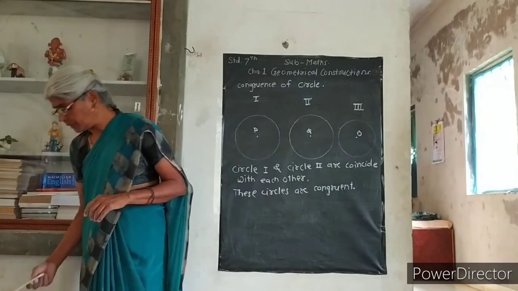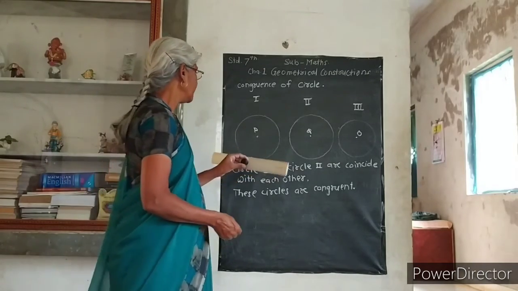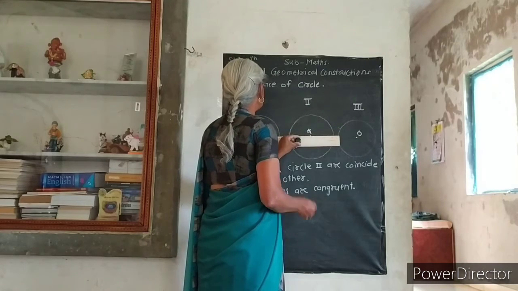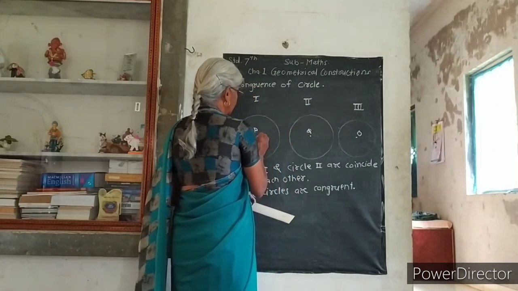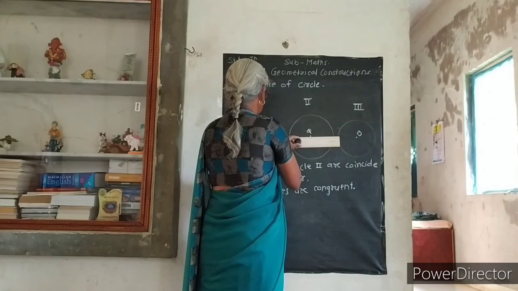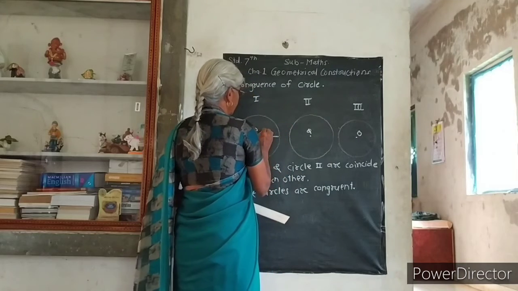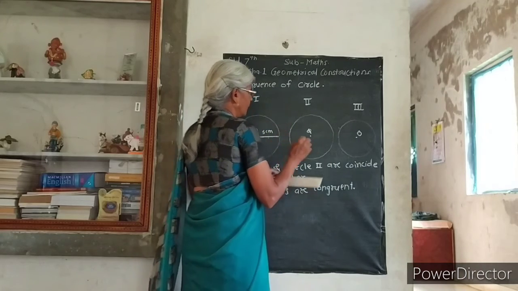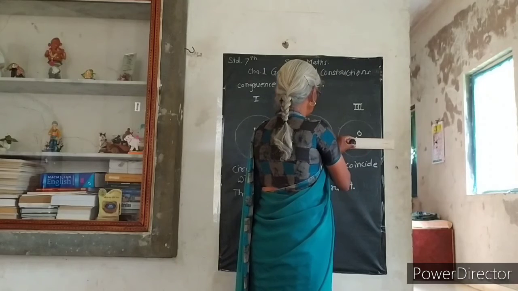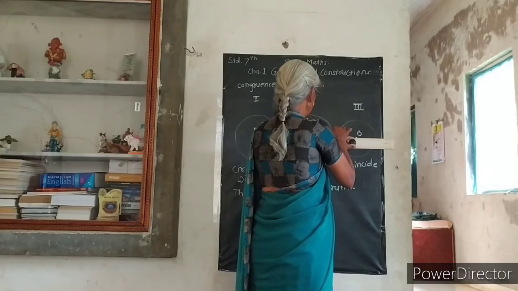How are they congruent? We measure the radius of the circle with center P, that is 5 centimeters. Then measure the radius of the circle with center Q, that is also 5 centimeters.